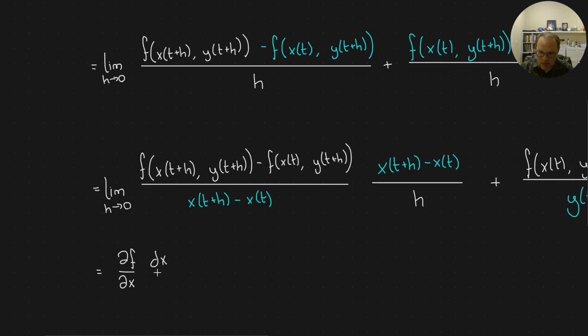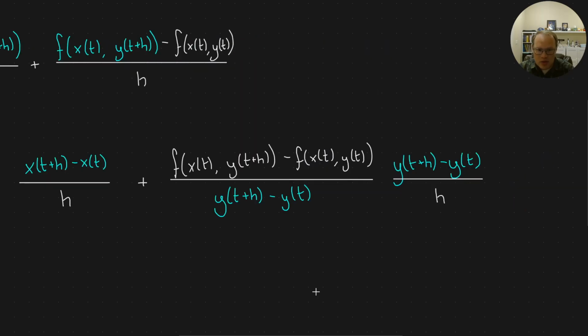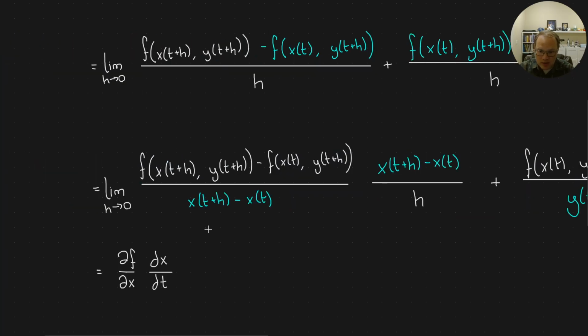And then similarly over here, I'm looking at how the f changes, how we go from here to here. What's the change in f as I changed the y value from here to here? So that's going to be the partial derivative of f with respect to y.